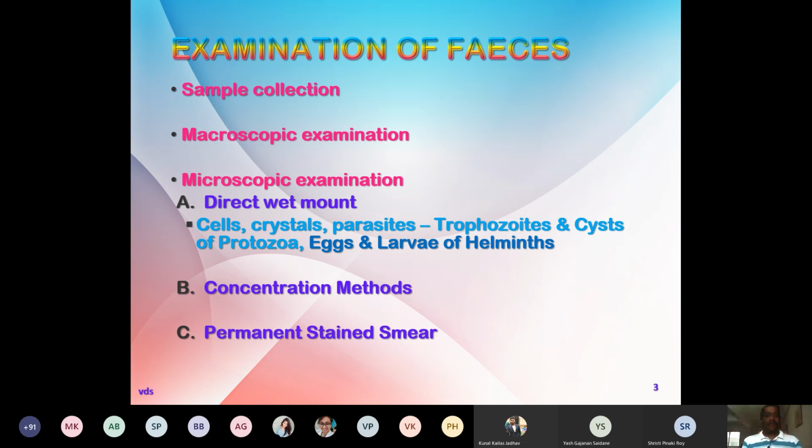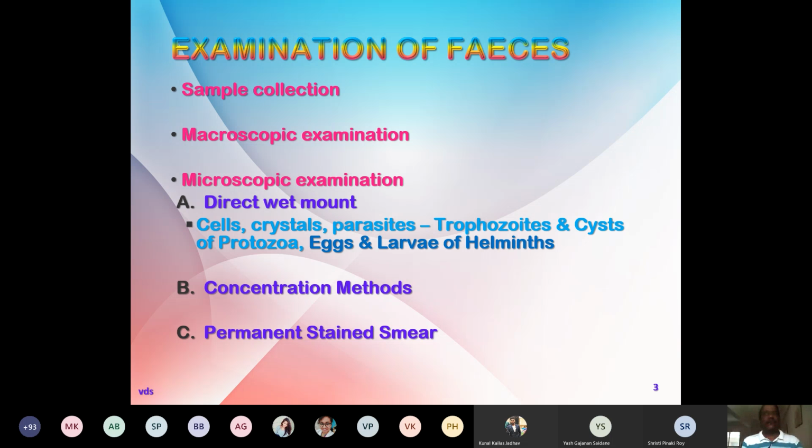After that, concentration method, for stool particularly. Why? Because sometimes, if the infection is not very heavy in the intestine, the forms of the parasite may not be detected in the microscope because they are scanty in number.